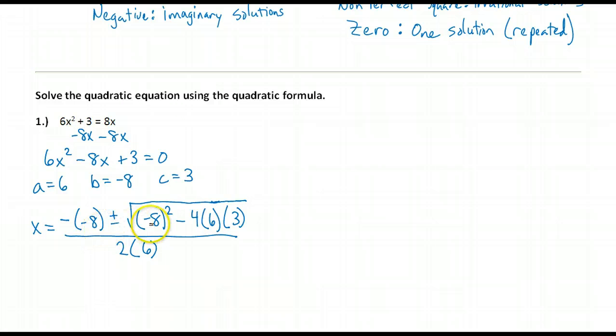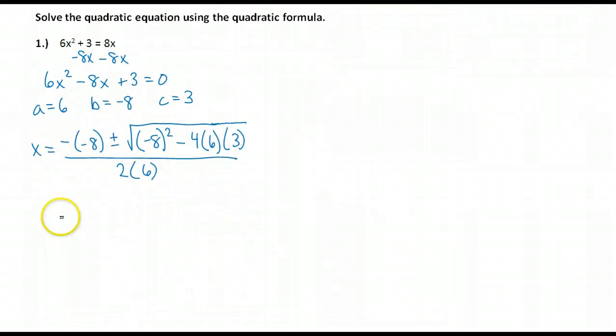Notice that every time I plugged in a number, I use parentheses, and I haven't done any math yet. I've just plugged the numbers into the formula. Now in my next step, that's when I'm going to actually do some math.